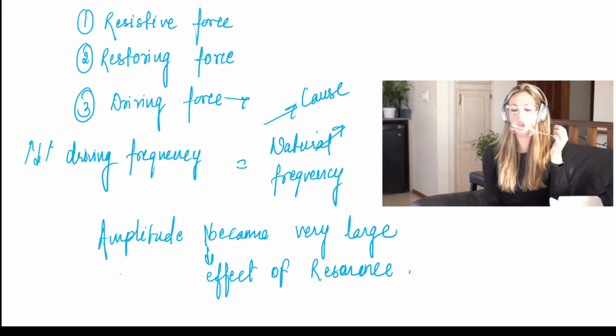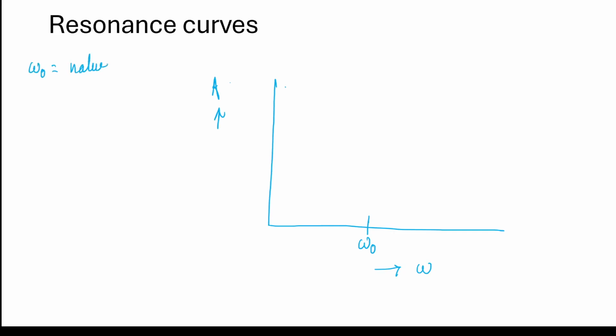Now let's see what resonance curves are. Suppose I try and draw a graph between amplitude and frequency. Amplitude is on the y-axis and angular frequency is on the x-axis. Now if the driving frequency becomes equal to the natural frequency, so omega 0 here is the natural frequency of whatever is executing SHM.